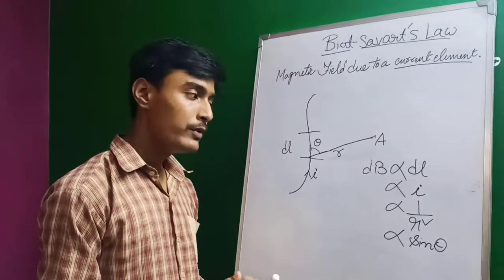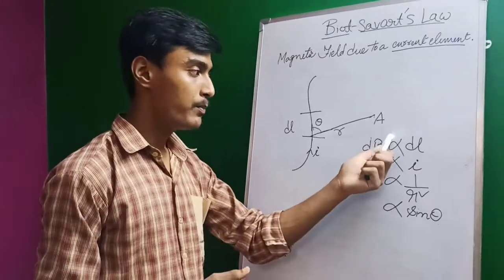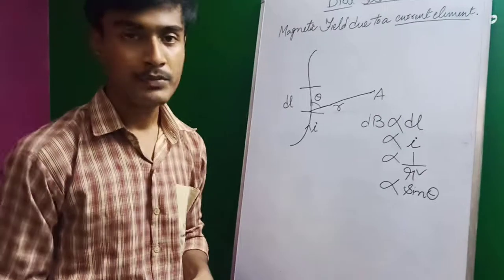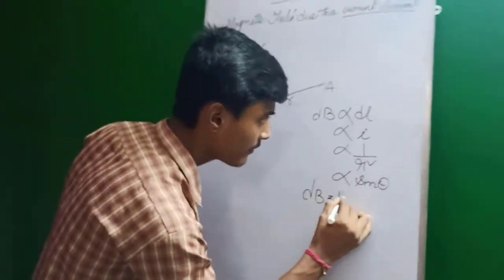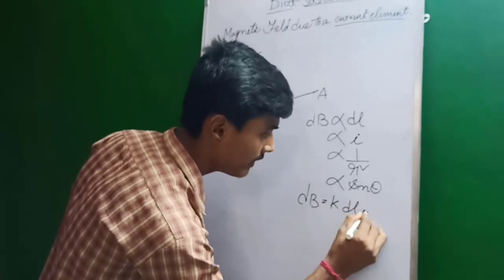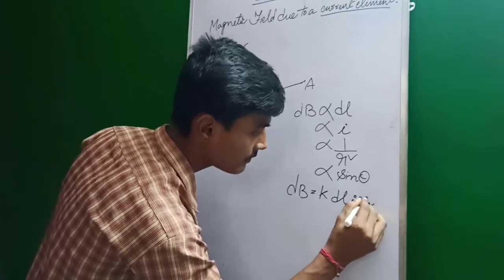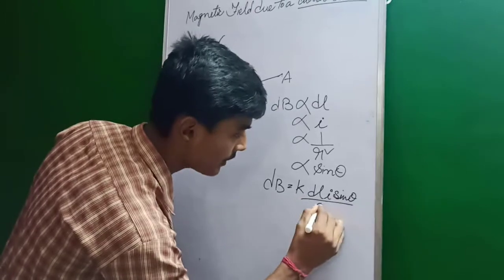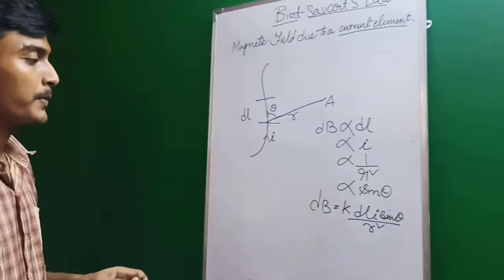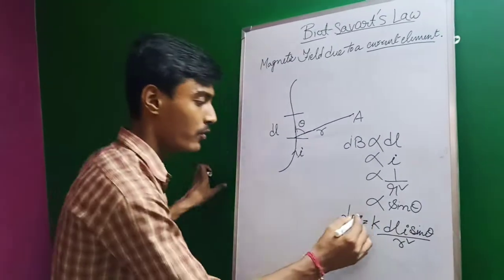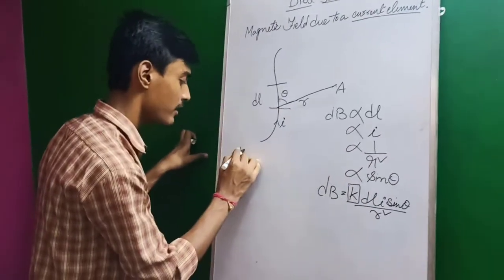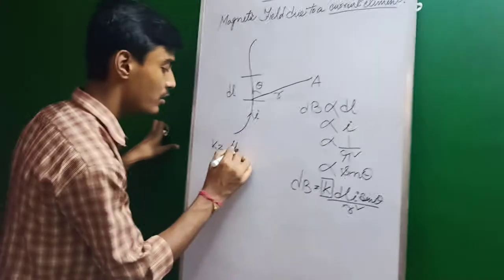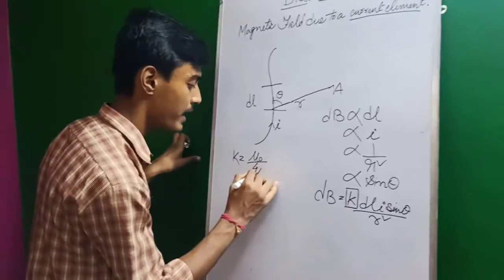As we know, when we remove the proportionality we have to give one constant. So the constant is k. dB is equal to k dl I sin theta by r square. Now what about this constant? The value of this constant k is mu naught by 4 pi.